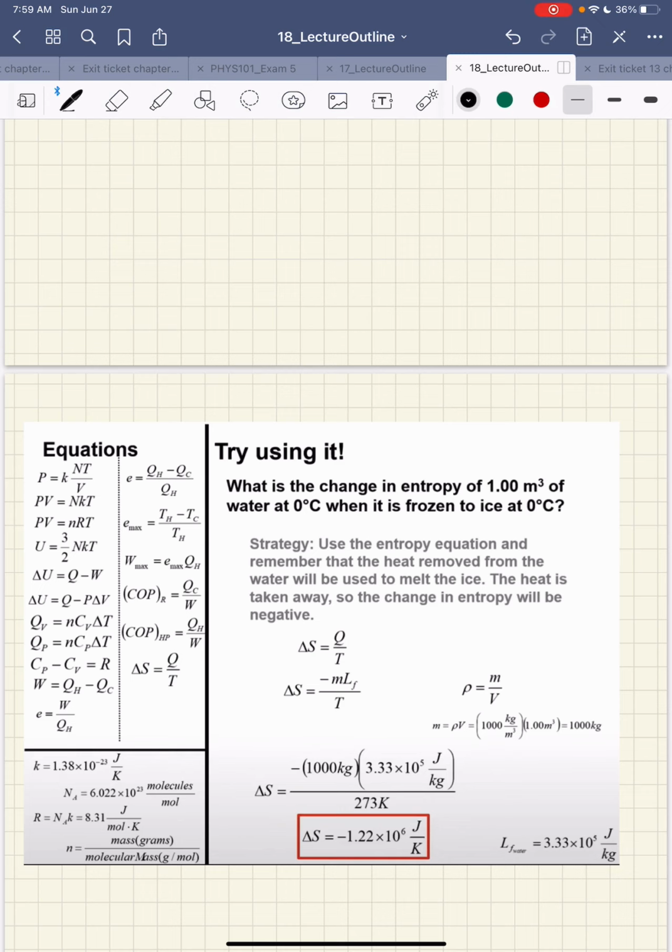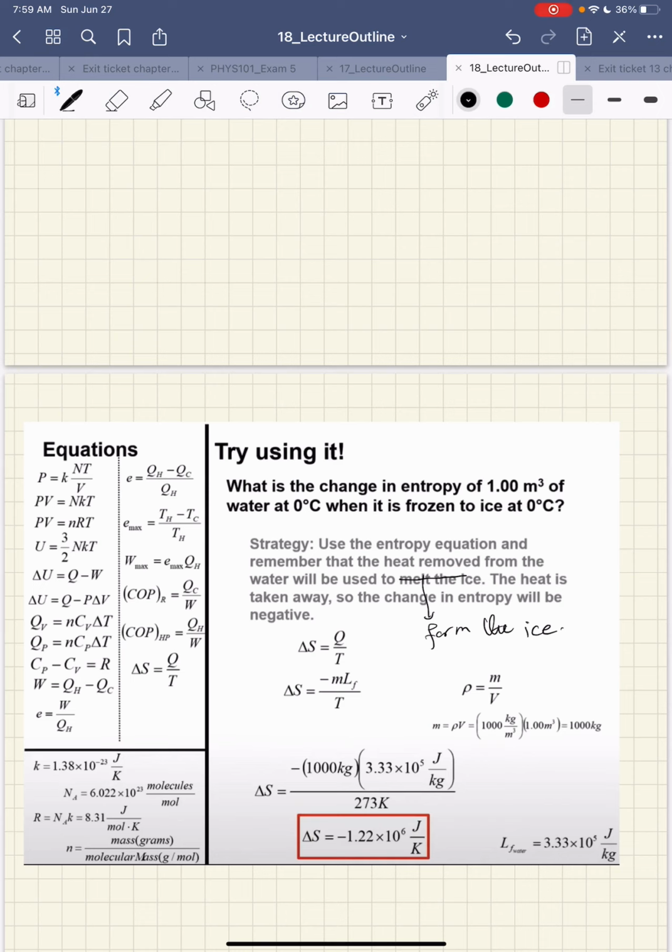Then ΔS is going to be Q over T. It is not to melt the ice, it is to form the ice, and this is the reason why heat will be expelled.